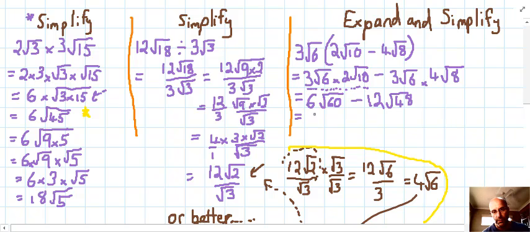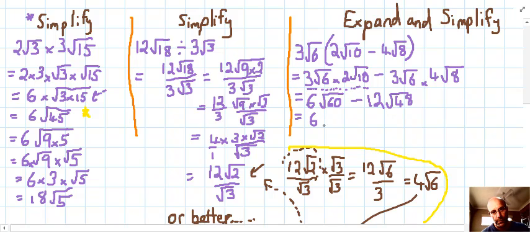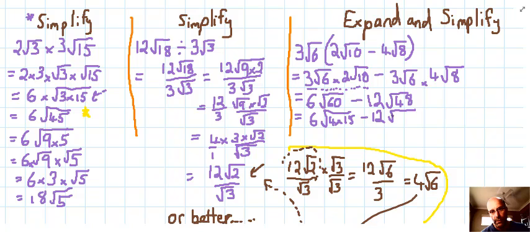So we're looking for factors of 60. One of them needs to be a square number. Well, 60 equals 4 times 15. 4 is a square number. 12 times root 48. 16 by 3 is 48.